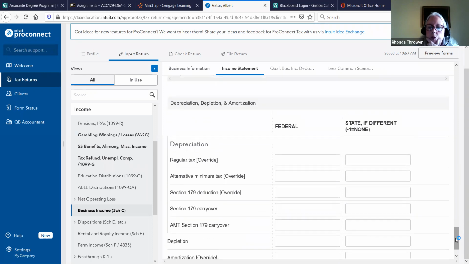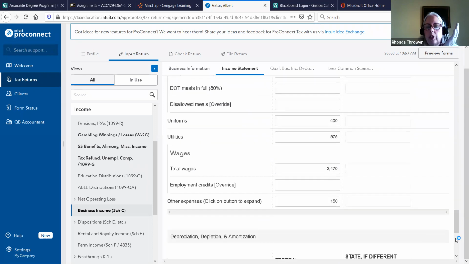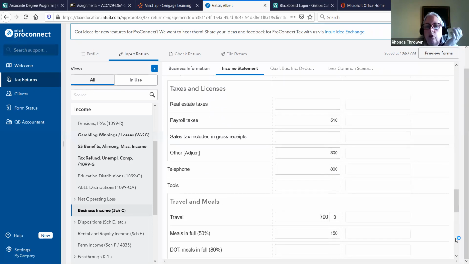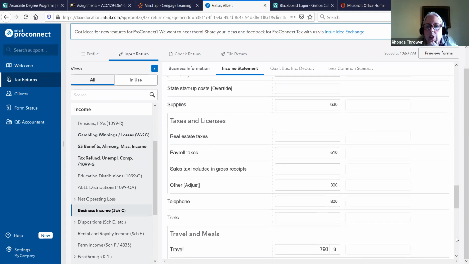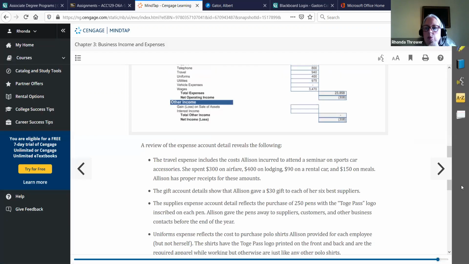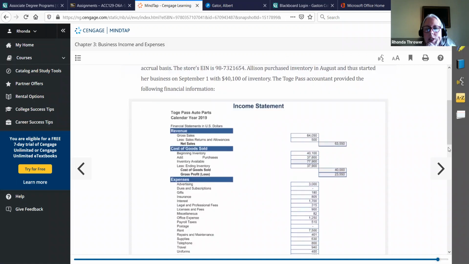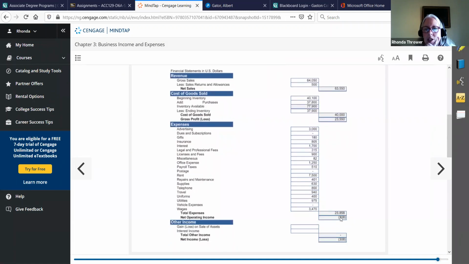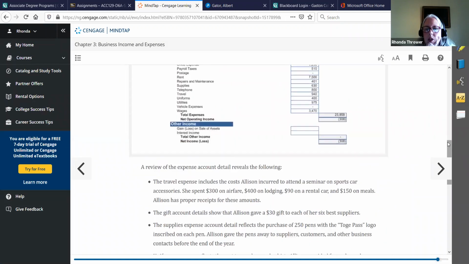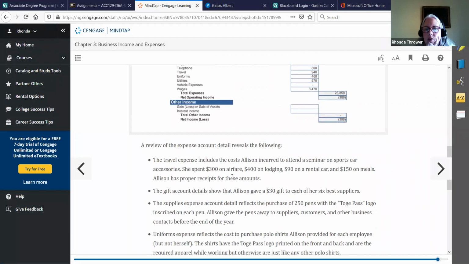So mainly all you're doing is you're recording your revenues and your expenses for Schedule C for this company. So the amounts for Schedule C come mainly from your income statement, and then you have to look at these additional information that they've given you.